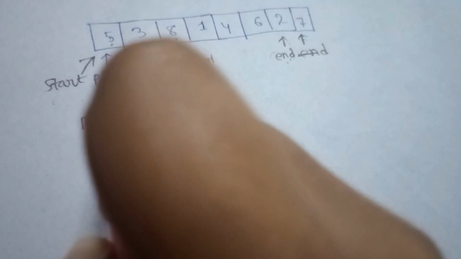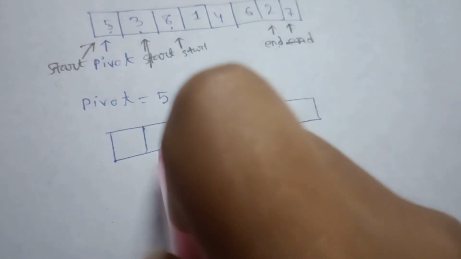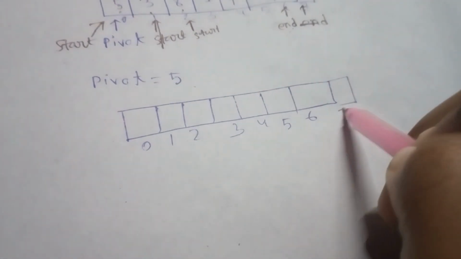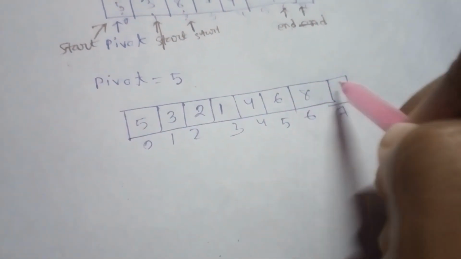Now the new array is 5, 3, 2, 1, 4, 6, 8, 7.